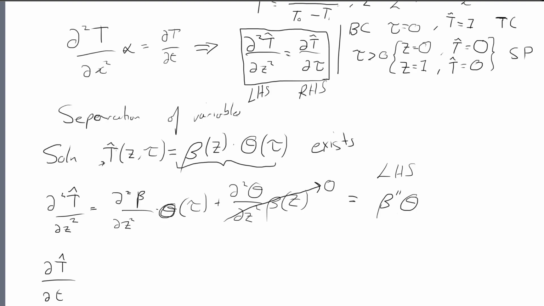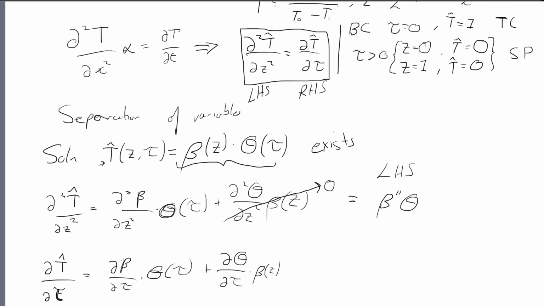So if we take this solution, t hat, and differentiate it once with respect to t, or tau is what I should write, by applying the product rule, we'll get d beta by d tau multiplied by theta of tau, plus d theta by d tau multiplied by beta, which is a function of z.